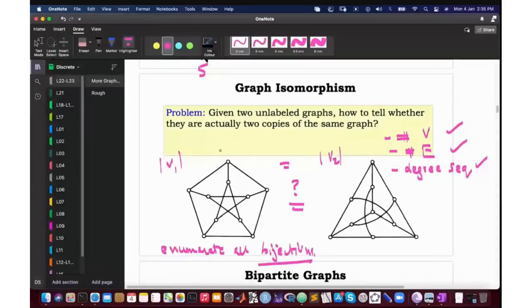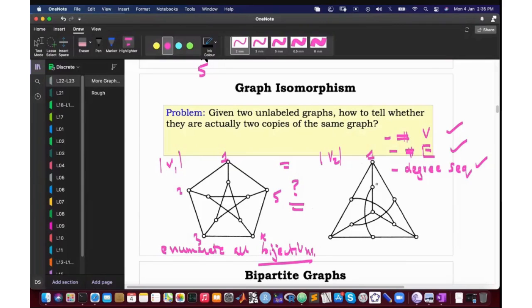So I think this might be a good bijection. Okay, let me label them. 1, 2, 3, 4, and 5. Once I label these 5, I think the other 5 will become clear.